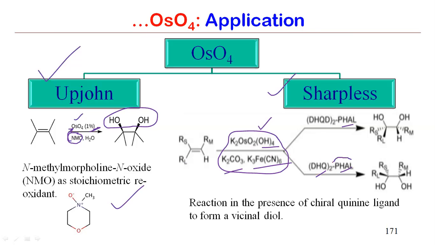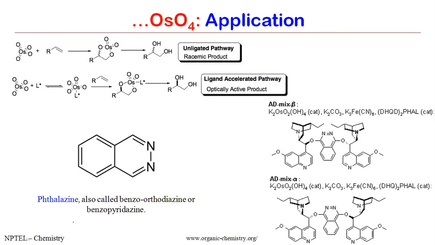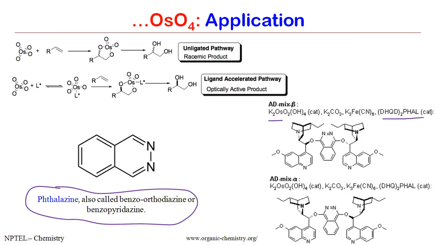These are the chemical structures of the two reagents, DHQD and DHQ, and these are the structures of the catalyst.